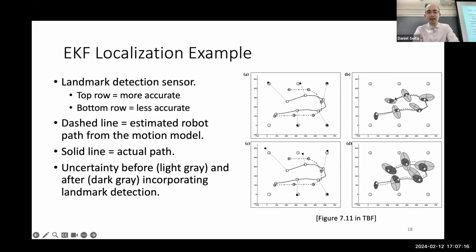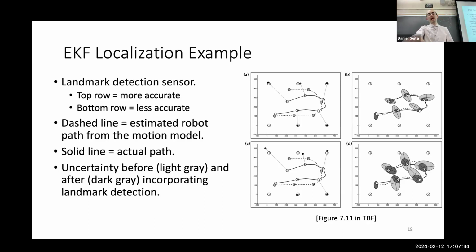The way to interpret that is if you look at the iso contours of the multivariate Gaussian, they're bigger for the less certain or noisier sensor, right? Because if it's noisier, then there's more sensor uncertainty, and so the variance must be bigger. So you have less precision about where the landmark is located.